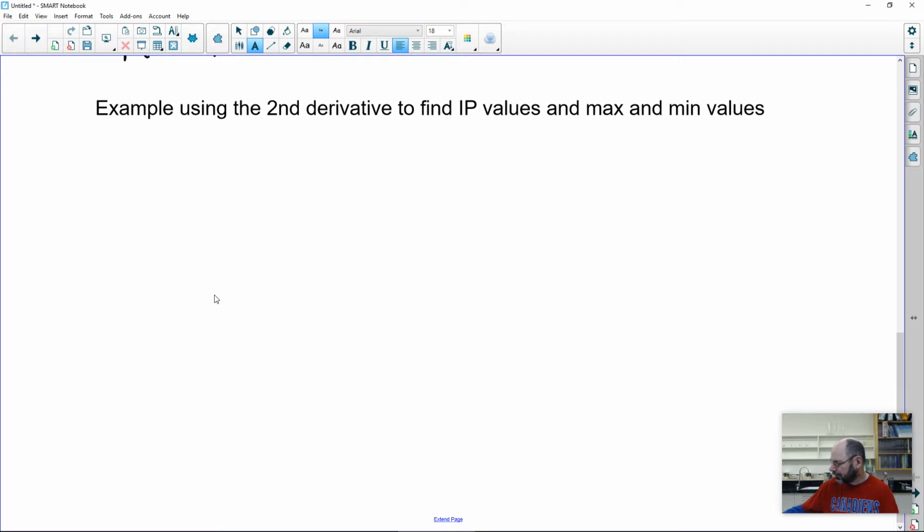Okay, let's do a very simple one to start. Let's say we have y equals x cubed plus 3x squared.